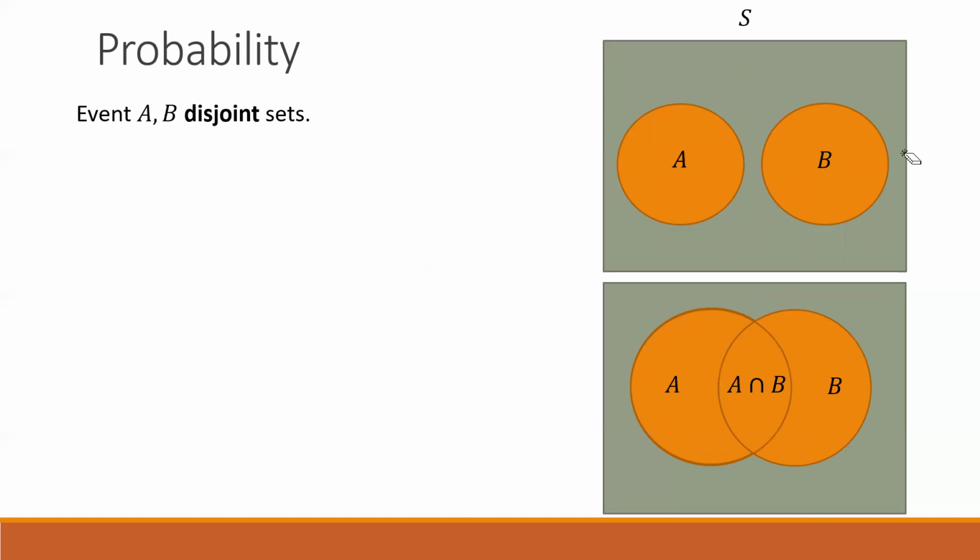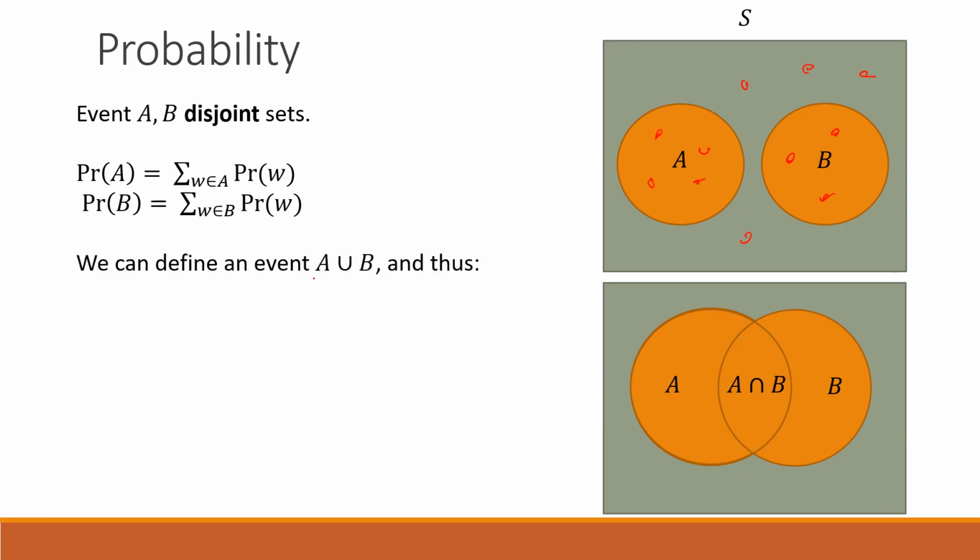Okay, so I have my sample space here, and let's say I have sets A and B, and they are disjoint sets. That means I might have some items in A and in B, but an item in A cannot be in B, and an item in B cannot be in A. So I know how to define the probability of event A and the probability of event B. However, if I put them together I get the set A union B, which means I can define an event A union B, whose probability is the probability of event A plus the probability of event B, right?